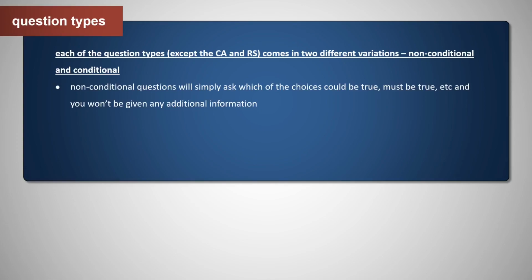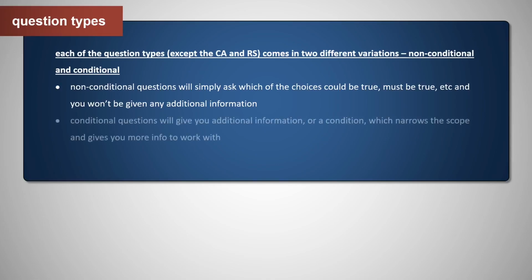You'll just be asked which of the following could be true, for example. The conditional questions will give you additional information or a condition which narrows the scope and gives you more information to work with. For example, once again, we'll go into a lot more detail in the actual questions, but it's something like, if A is in group 1, then which of the following could be true? So you're given additional information and not just the question itself.